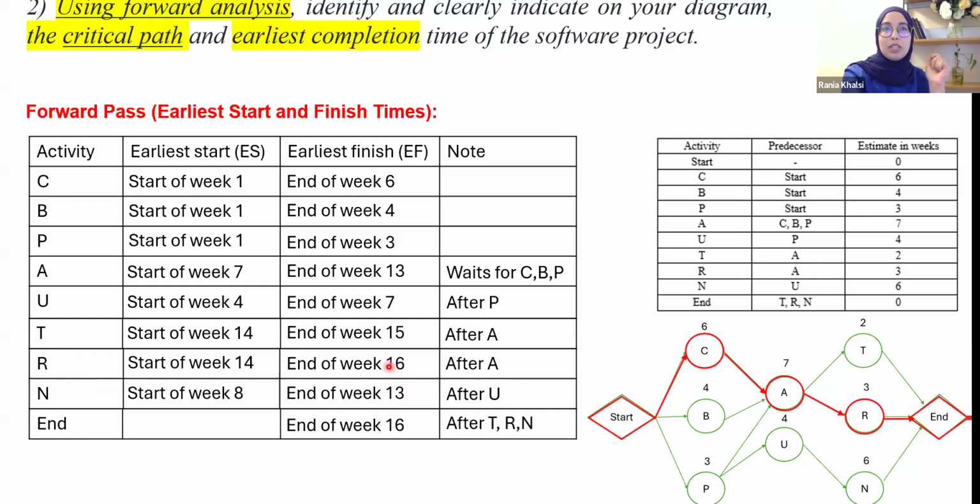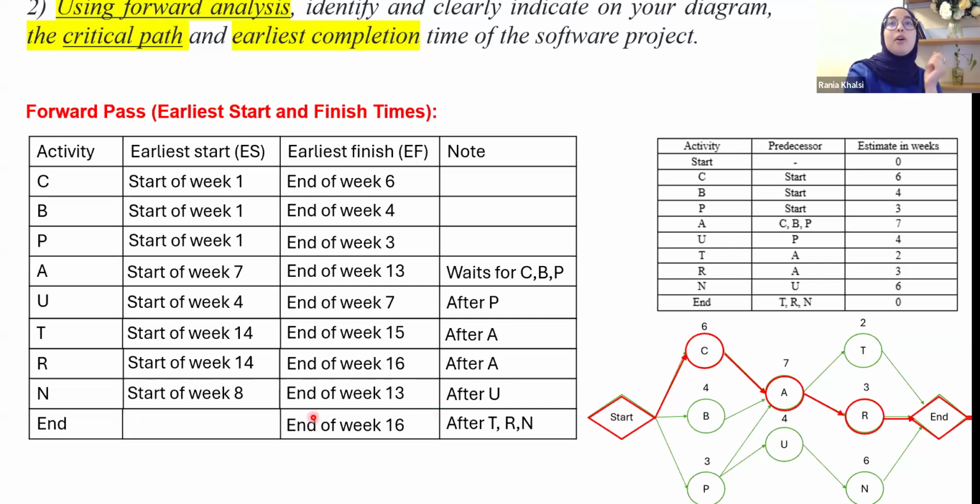So the maximum is R. For our project, we wait for the longest activity. N is done in 13 weeks, 1 week later T is done, 1 week later R is done. Once all of them are done, our project is done. So the earliest finish for this project is the end of week 16.